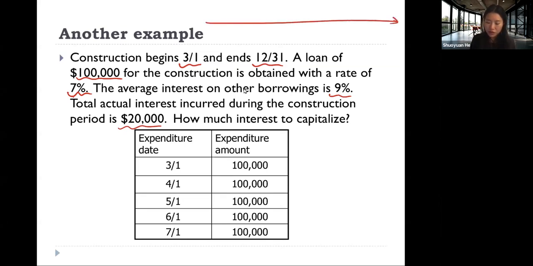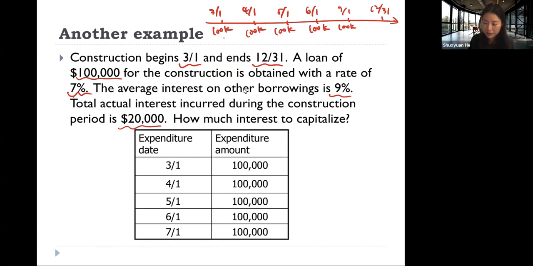Okay, so let's first draw the timeline. The first expenditure is March 1st for 100,000. The next one, April 1st, 100,000. May 1st, 100,000. June 1st, 100,000. July 1st, 100,000. And the project ends on December 31st.